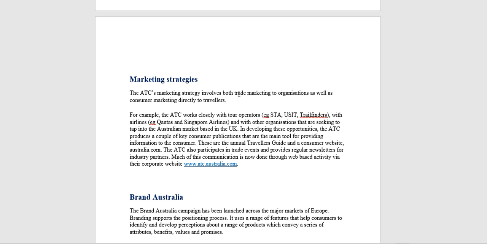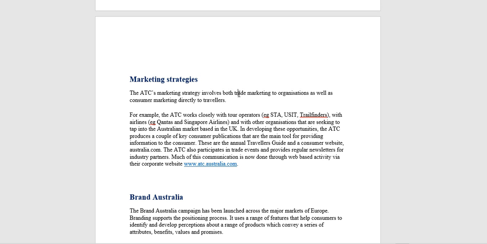So how are they going to work with the tour operators? They will try to work with the tour operators, and they will try to pass on the information to the various visitors who are going to visit the Australian market. They will provide such offers to those people who will visit the tourism market by using a different marketing mix for each segment. So this was all about the trade marketing.